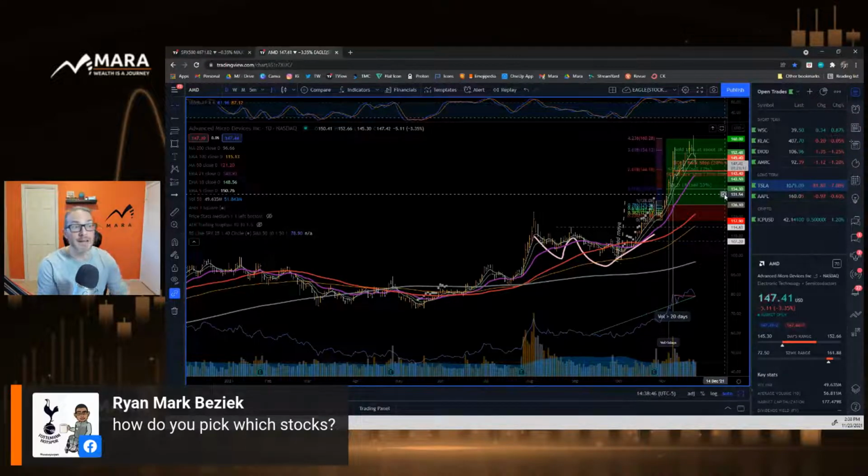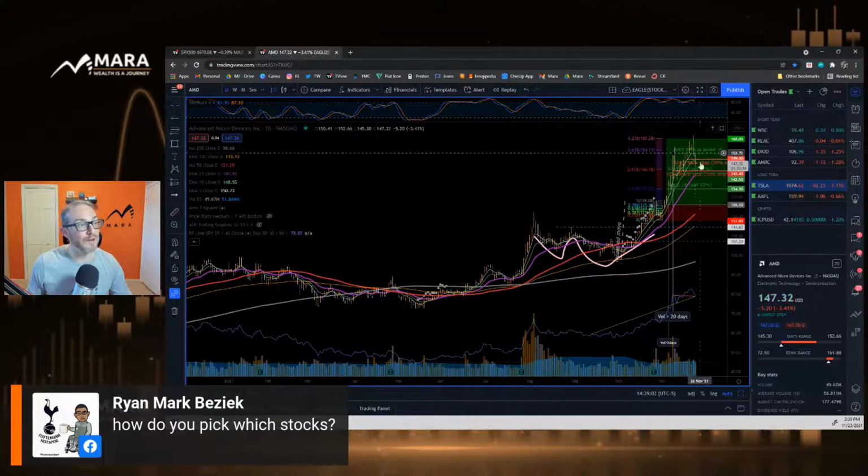It makes playing the rest of the position a bit easier, having already sold a little bit into strength. And then from there, as price is progressing, selling a little bit more, selling a little bit more.